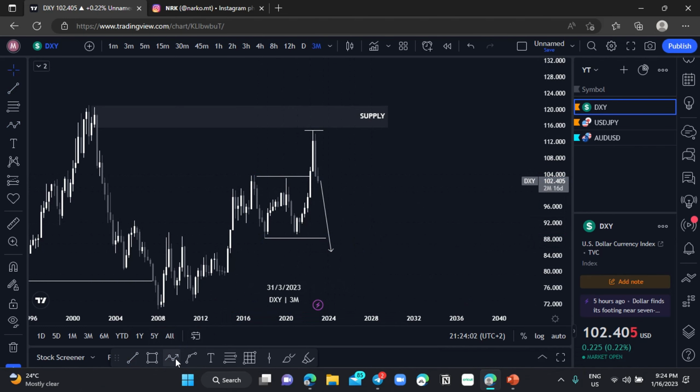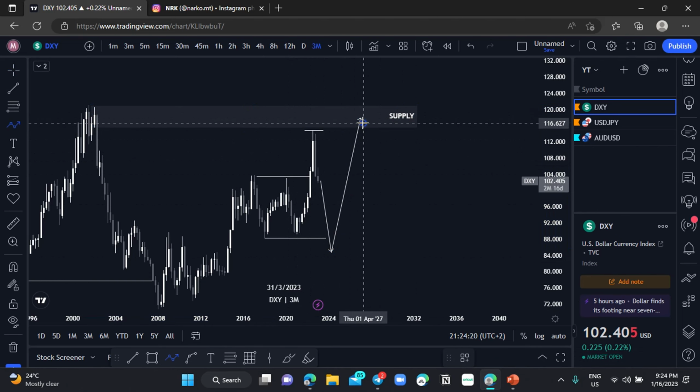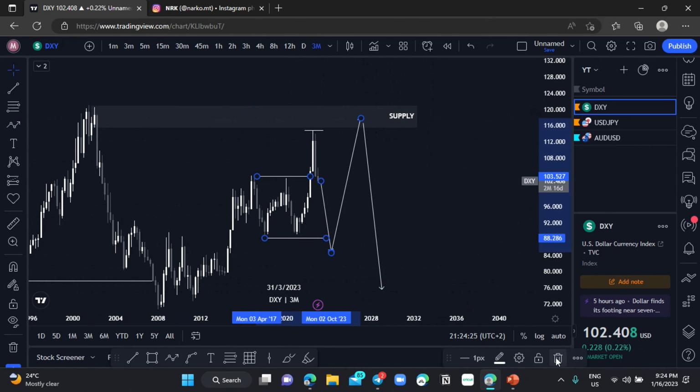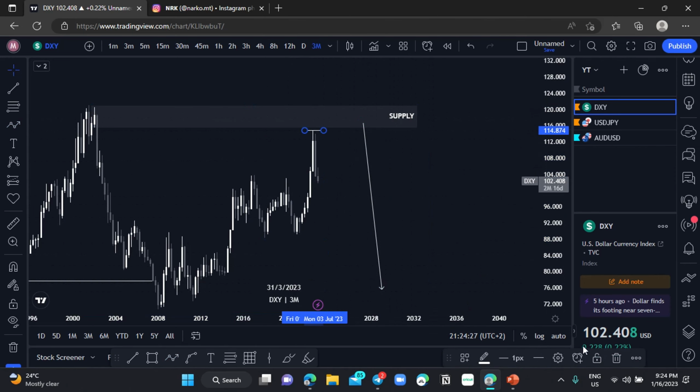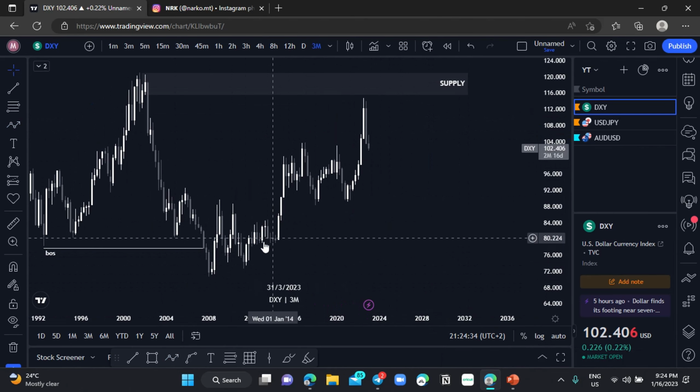Obviously sellers will be looking to take their sells here, not knowing that we have this liquidity inducement trap, meaning that there is liquidity lying above this high here, so we could still take our entries off this supply area and push to the downside. That's how the liquidity inducement trap works. Now on the dollar index on the 3 months time frame we can see that we are beautifully pushing bullishly.